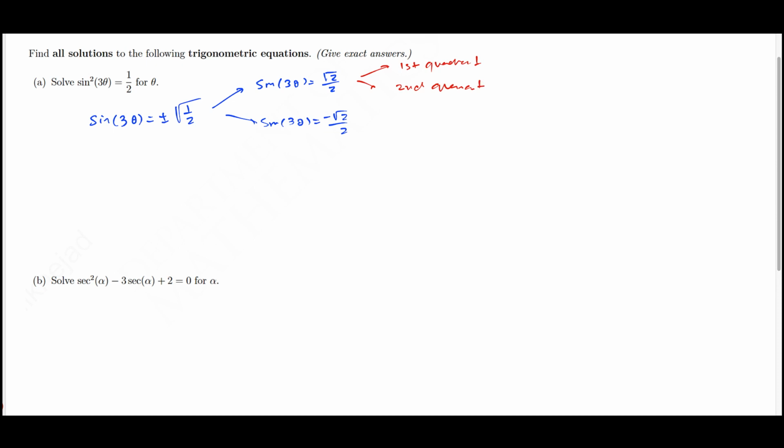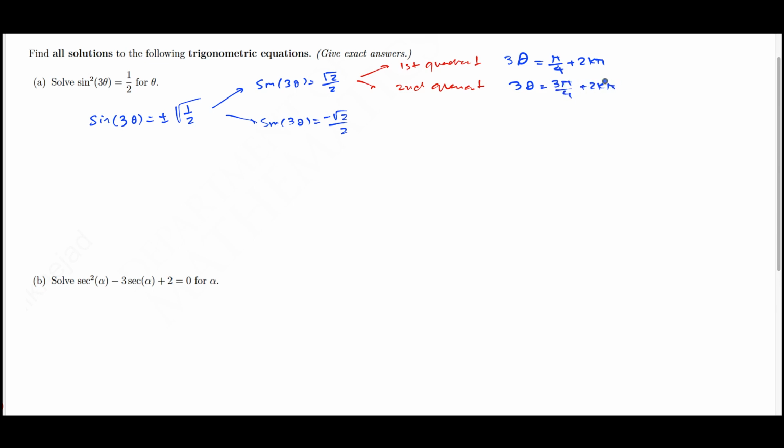So I get those two answers, and I write 3 theta equal to pi fourth plus 2k pi, or 3 pi fourth plus 2k pi.